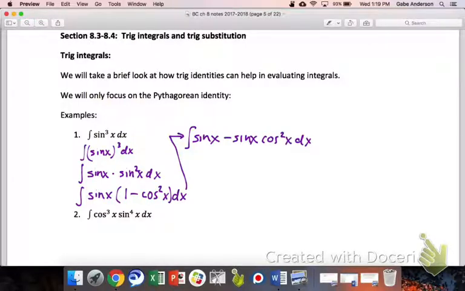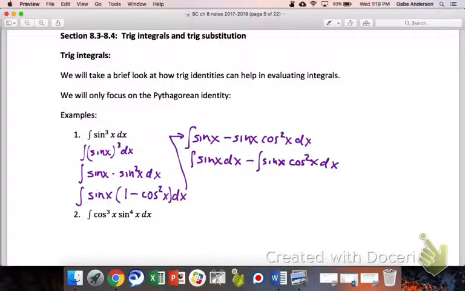Split it up. And I think if we split it up, we're going to see something happen for us. So the integral of sine minus the integral of sine of x cosine squared dx.